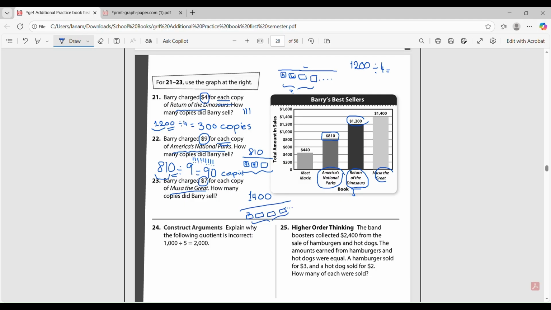So the variable is the number of groups or the number of copies. I don't know the number, so we need to divide. So I'm going to say 1,400 divided by 7. 14 divided by 7, we will skip count by 7, 7, 14, so the answer is 2. How many zeros do we still have? We have 2 zeros, so 200 copies.